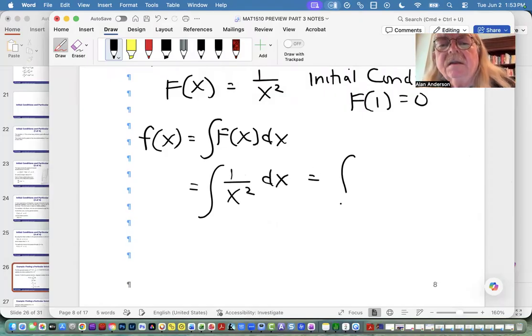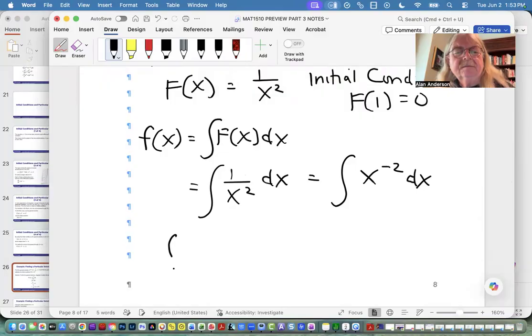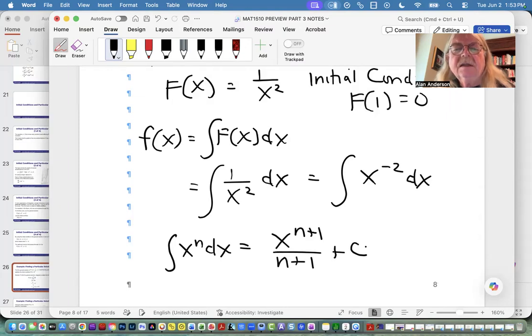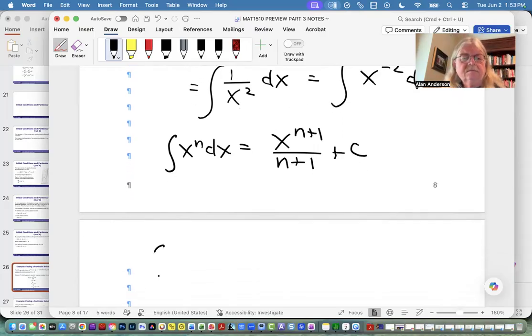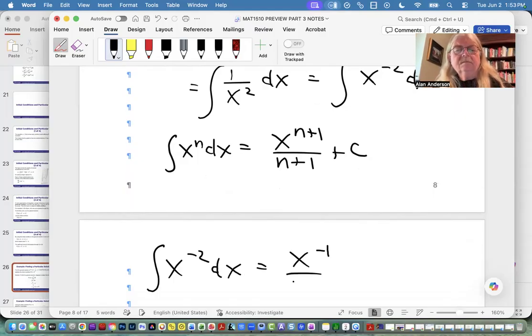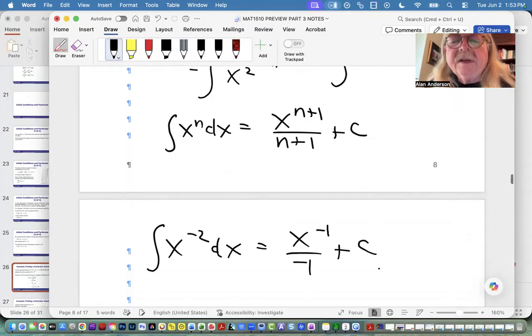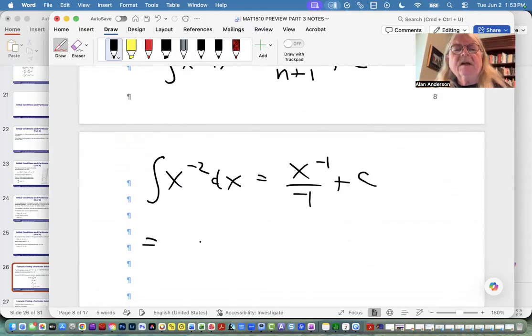Now, of course, to put it into the right form, let's do this. Let's rewrite this as x to the minus 2 and recall the power rule. And that'll give us, and then we can rewrite this. It's a little messy. We'll rewrite it as -1 over x plus c.